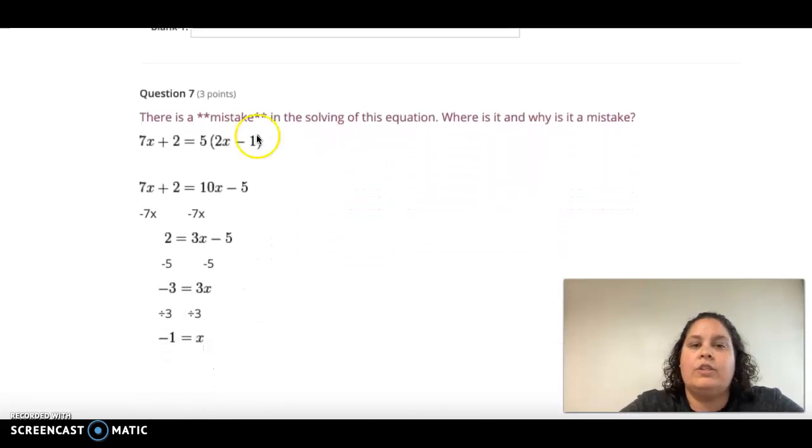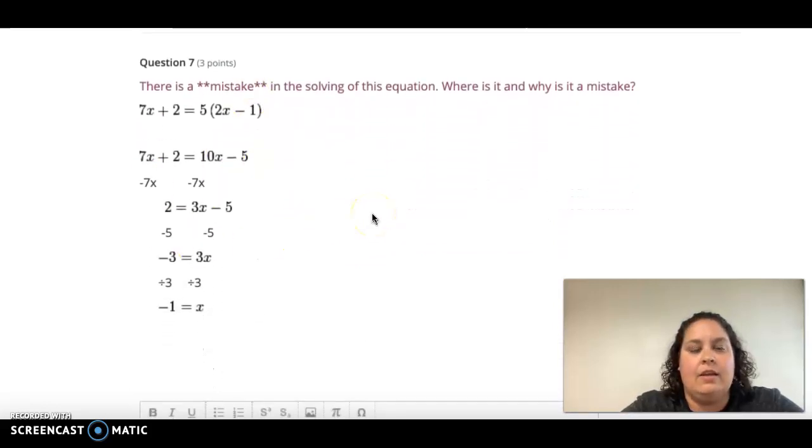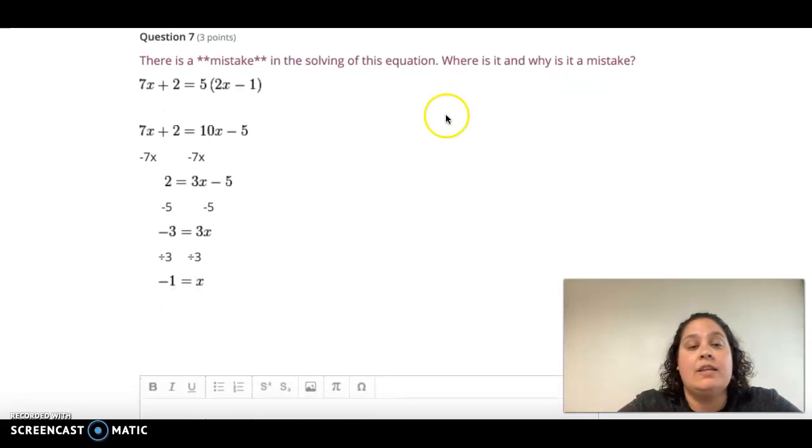Your next 2 questions ask you to find the mistake. Please do not solve it and just write x equals 2 in the blank. The question says there is a mistake in the solving of this equation. Where is it and why is it a mistake? So you need to explain. If the mistake is they multiplied and got 20 instead of 10, then you need to say they multiplied wrong.